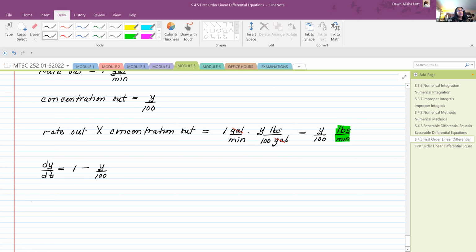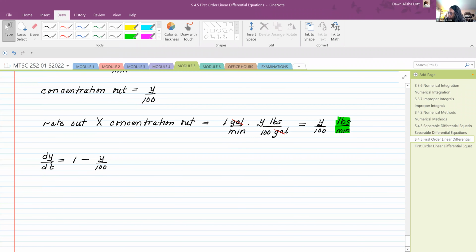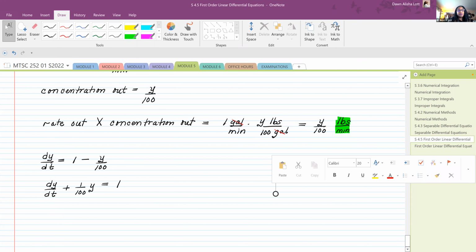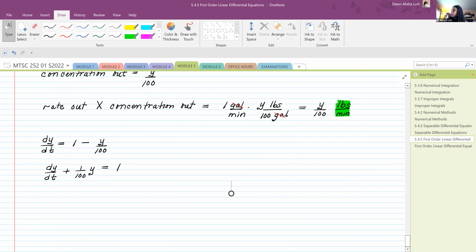And so I can rewrite that as dy dt plus 1 over 100y is equal to 1. Okay, so that is a first order linear differential equation in standard form.